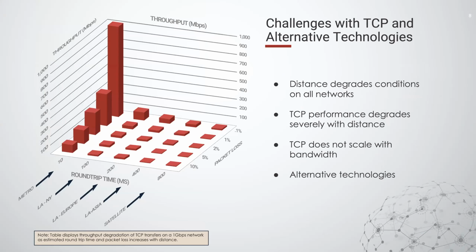This is the scenario when you're thinking about, let's say, FTP or HTTP type transfers, where there's a technical bottleneck in the underlying TCP protocol that underpins all of those traditional ways of moving files around.